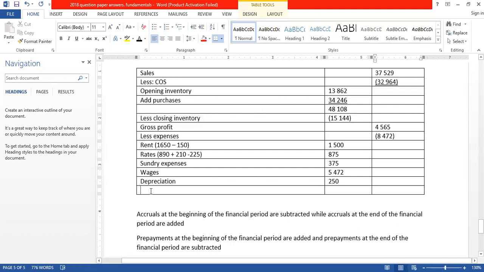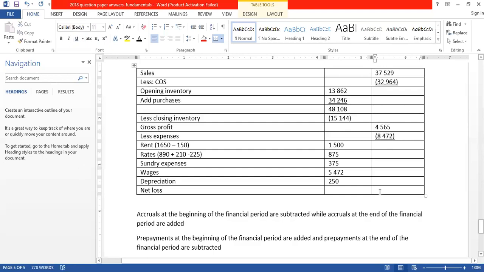So gross profit less expenses, you will get your net profit or net loss. In this case we have a net loss. A net loss of how much? Let's quickly calculate our net loss.